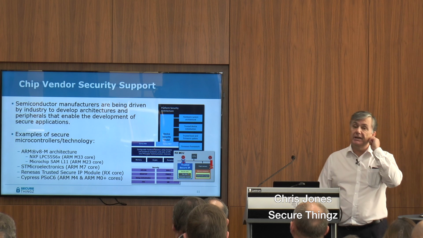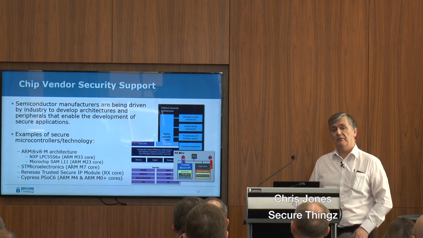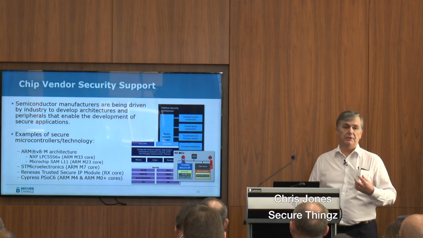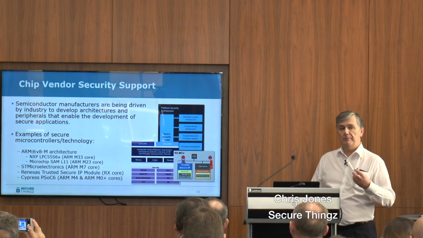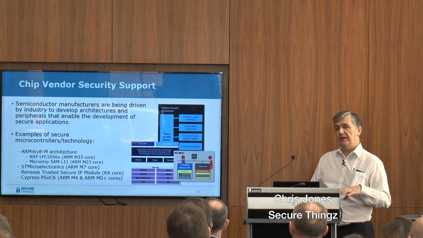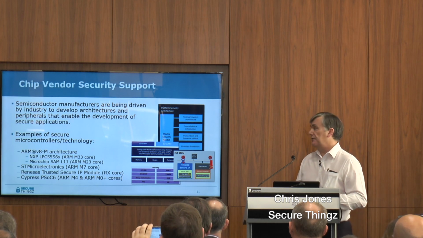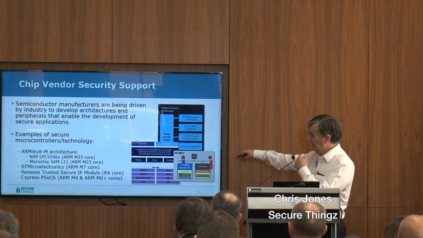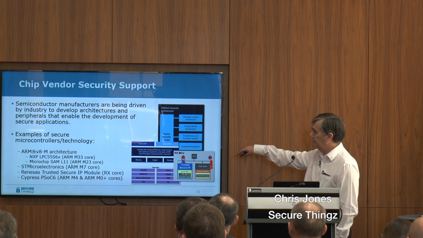Now, one thing that's really encouraging these days, and we're finding a lot, and you'll see a lot of this coming out early next year, is the semiconductor vendors are seeing the importance of security. So they are embedding more and more security elements inside their actual silicon, which is great news for us in the security industry. So I've just got some examples here of the different technologies. I'm sure you've heard of the PSA from ARM.